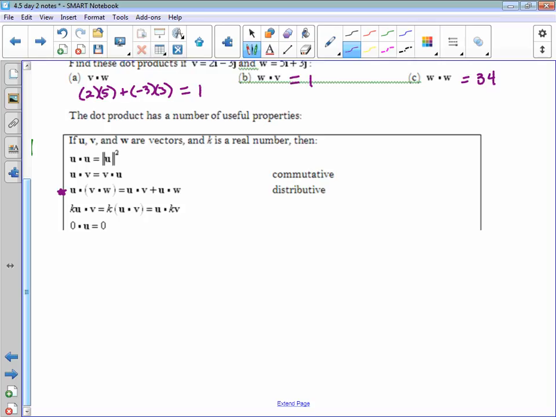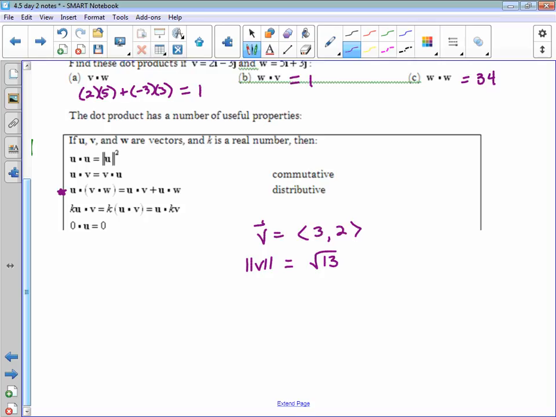Let's say we have vector v and it's 3, 2. What's the magnitude of v then? Square root of 13, okay.